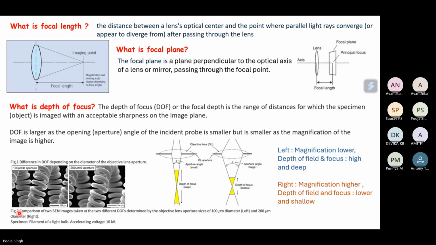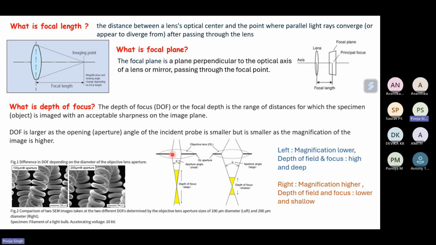Here you can see an example of DOF, depth of focus, determined by the optical range. They have used lens aperture sizes of 100 micrometer and 200 micrometer. This is the aperture, that is only the lens.